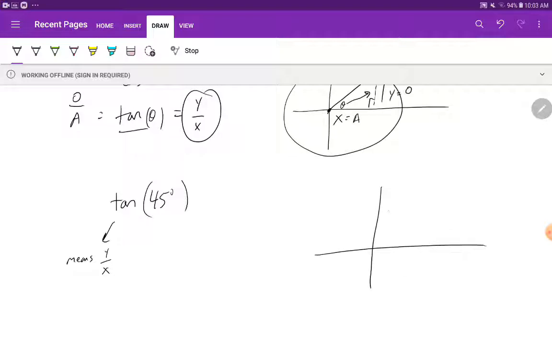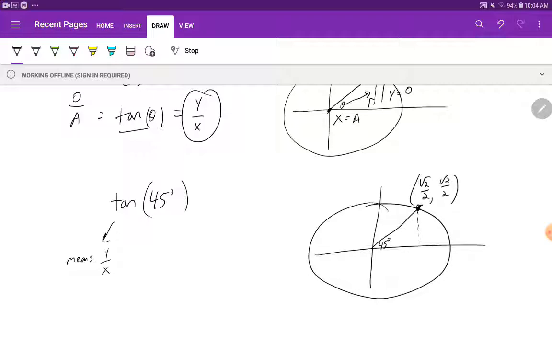If I look at the 45 degrees one, sorry, my circles are looking like eggs today. If that's the 45 degrees, and this one is root 2 over 2, comma, root 2 over 2, all this means is take the y value, which is root 2 over 2, and divide it by the x value. And oh my gosh, tangent of 45 is actually just 1.